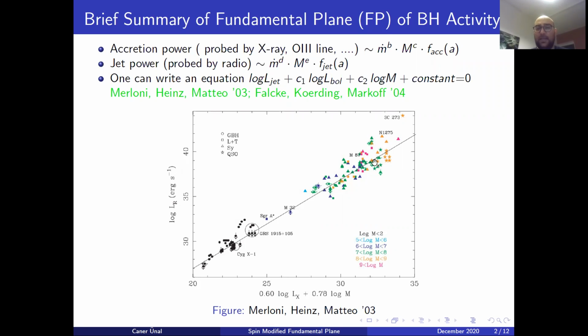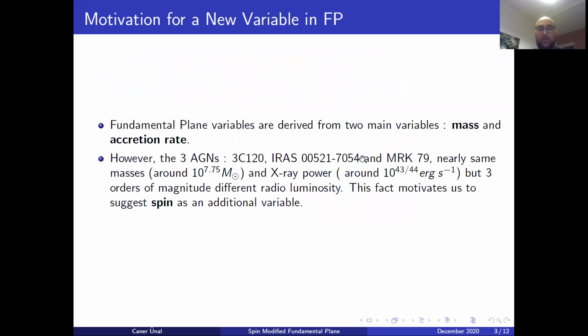But even if this line fits well with these data points, there are deviations of 3 orders of magnitude or even 4 or 5 in some data points. So we realize that even if you have the same mass and X-ray power, the radio power, or in a way jet power, could deviate by let's say 3 orders of magnitude. So this motivated us to suggest a new variable for the system.